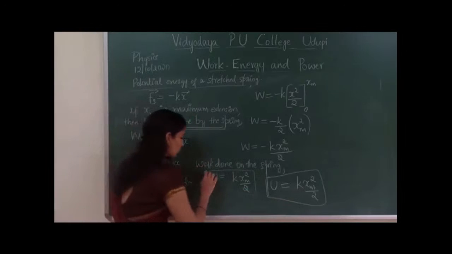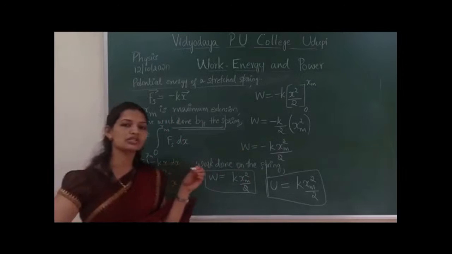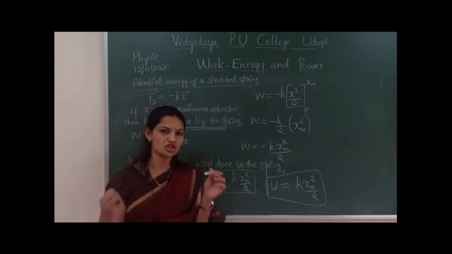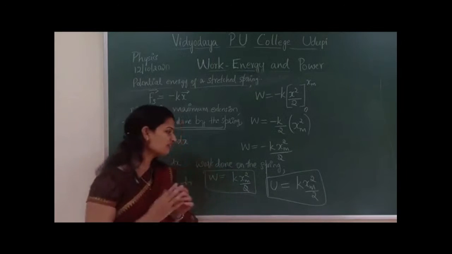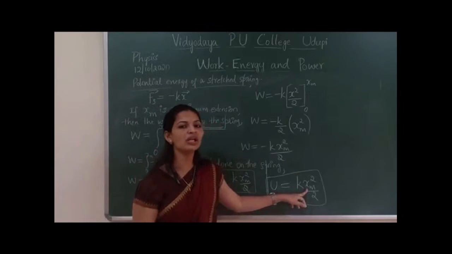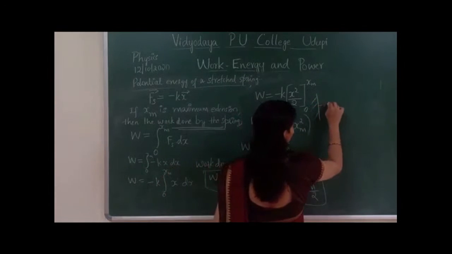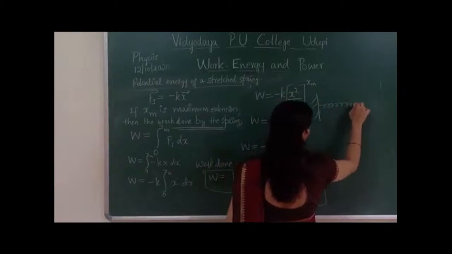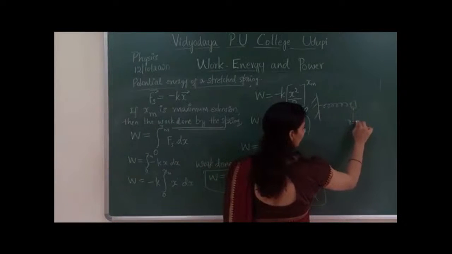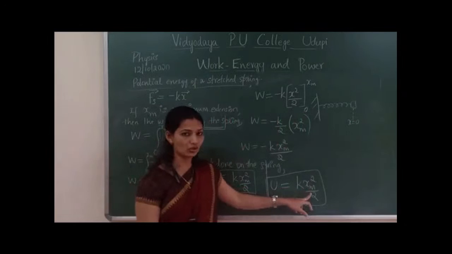This work done on the spring is stored in the spring as potential energy. If x value is 0, it means at equilibrium position. Suppose this is a diagram of the unstretched spring, meaning equilibrium position, the value of x is 0.